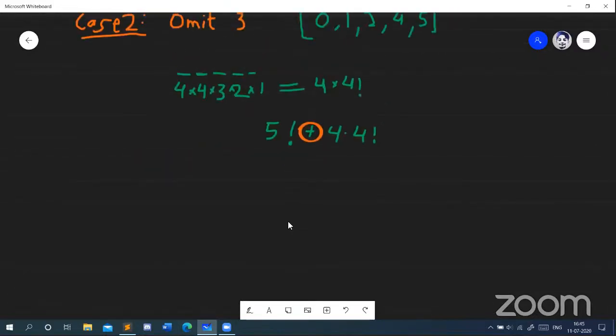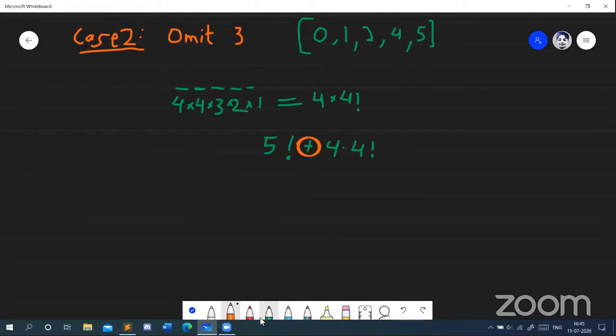Now let's try to do a few more problems. Let's say I had to find the total number of possible phone numbers of 10 digits, right? So 1, 2, 3, 4, 5, 6, 7, 8, 9, and 10. How will I do that?